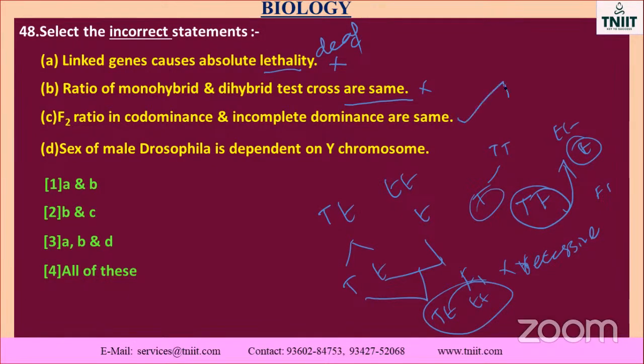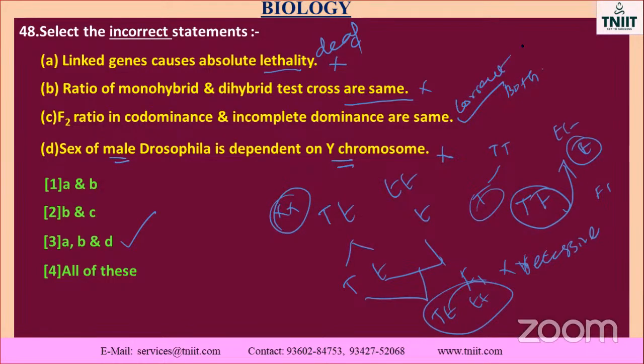Yes, both are the same only, so this is the right answer. This one is automatically wrong. See, the sex of male Drosophila depends on the Y chromosome. Drosophila melanogaster, don't forget, my dear students. Drosophila means XX, they may differ. So which option is there? No. Third one is the incorrect statement. A, B and D are the incorrect statements. This one is the correct statement.